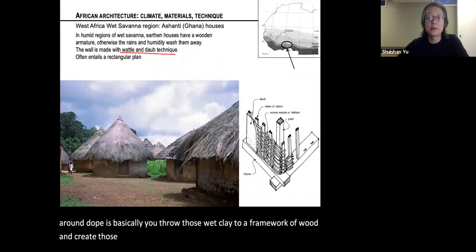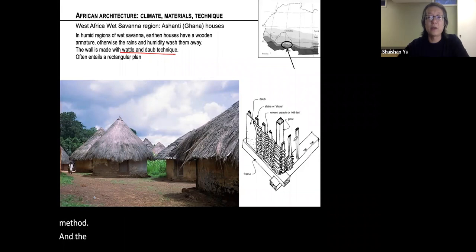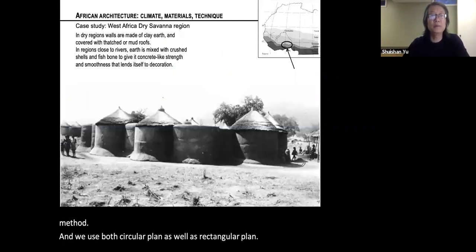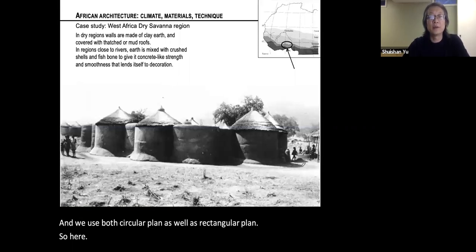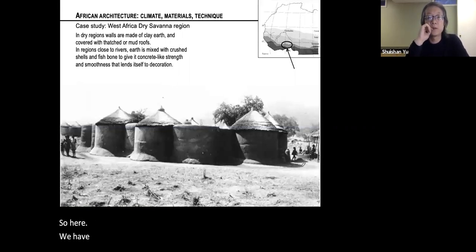And this is also a fast construction method. They use both circular plans as well as rectangular plans. Here we have a compound connecting smaller houses into one larger compound.